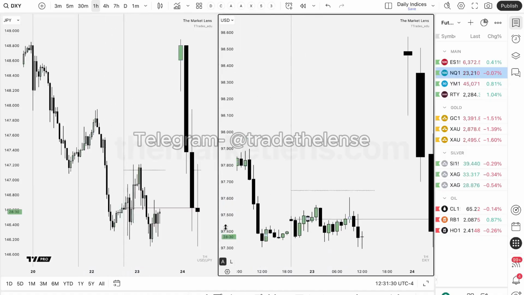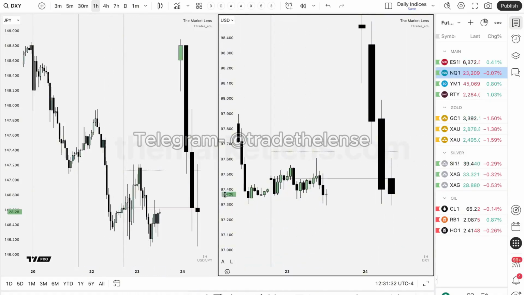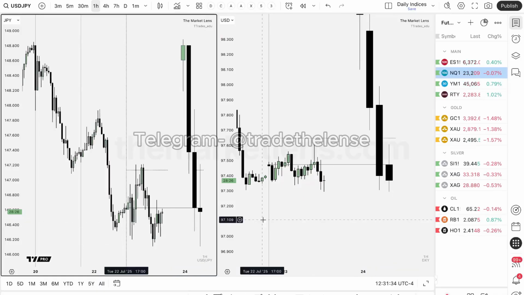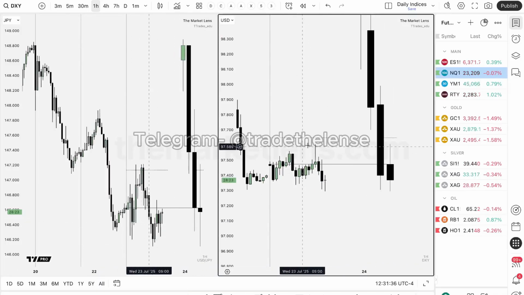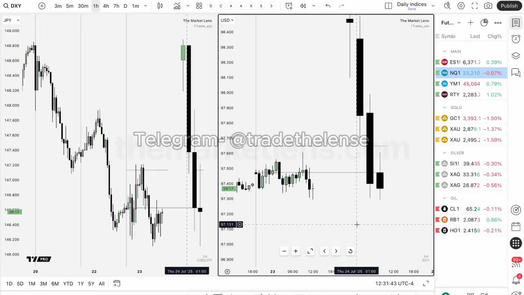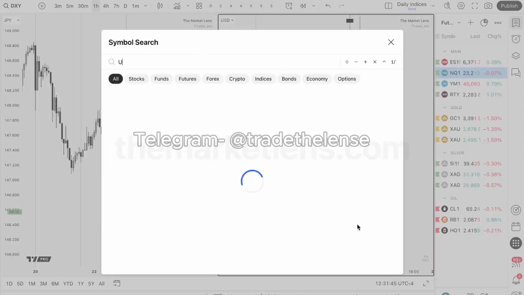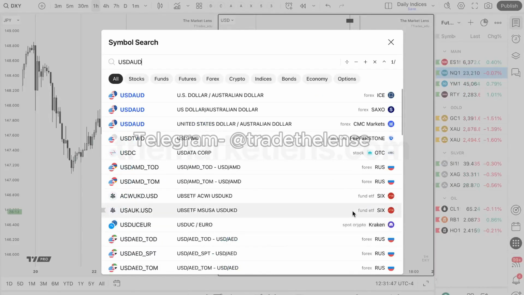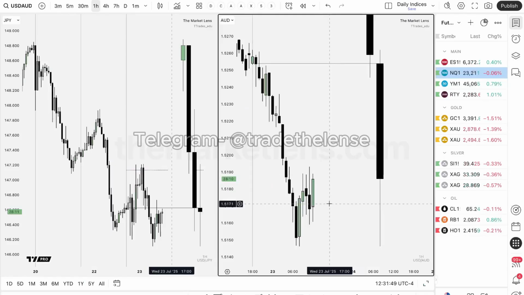These should be acting the same, essentially. Or if not, you can use that as divergences. Some people use USD AUD or something. I don't even know. But I would just use dollar. I don't really trade Forex, so.